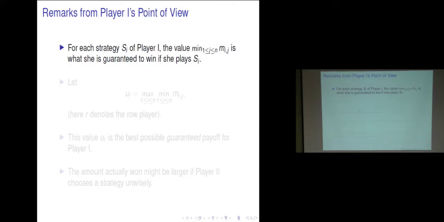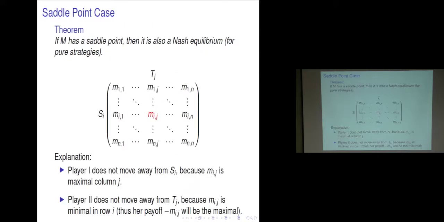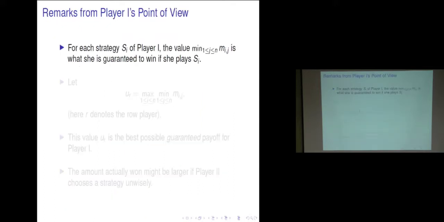I compare the numbers in this row and take the minimum number. What is the significance of this minimum number? This number is what she is guaranteed to win if she plays this S_i.